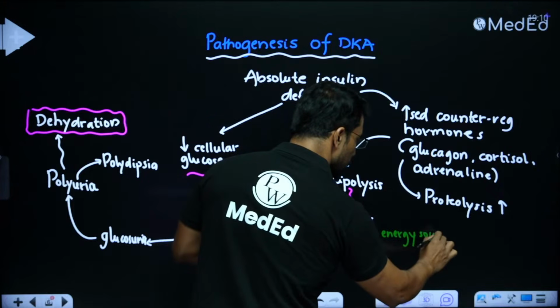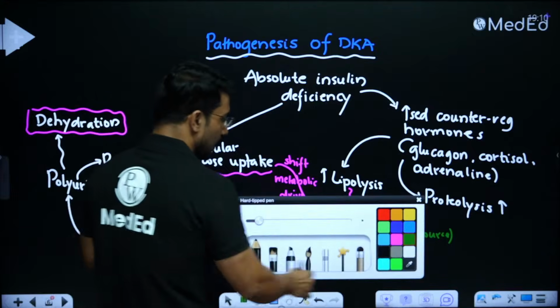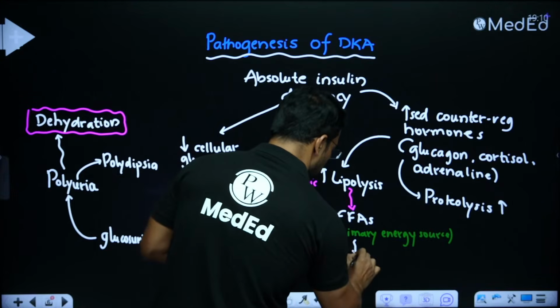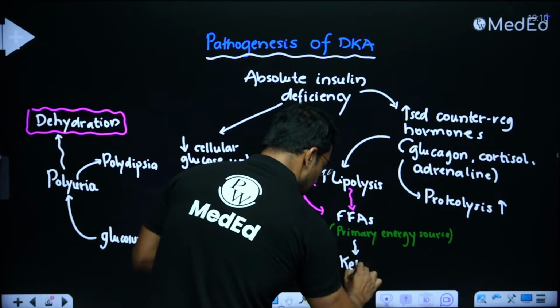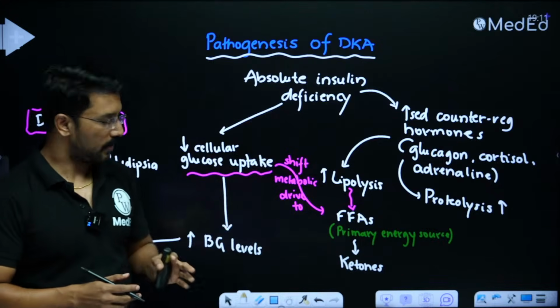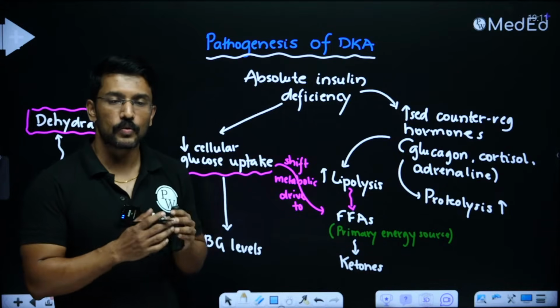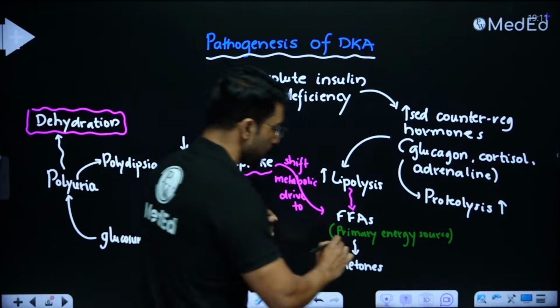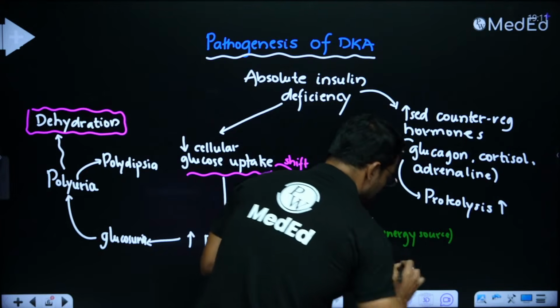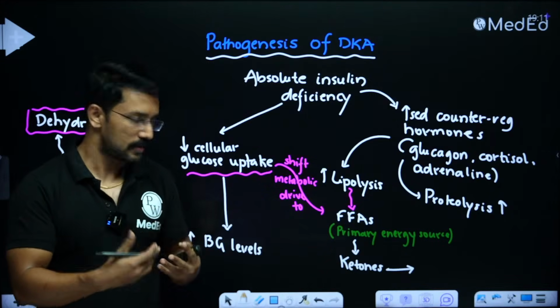Now what is the problem that this leads to? The free fatty acids will be inadequately metabolized, resulting in formation of what we call ketones or ketone bodies, like beta hydroxybutyrate, acetone. So there will be formation of ketones. Now these ketones are acidic. So to buffer that, the body has to use the base, that is bicarbonate.